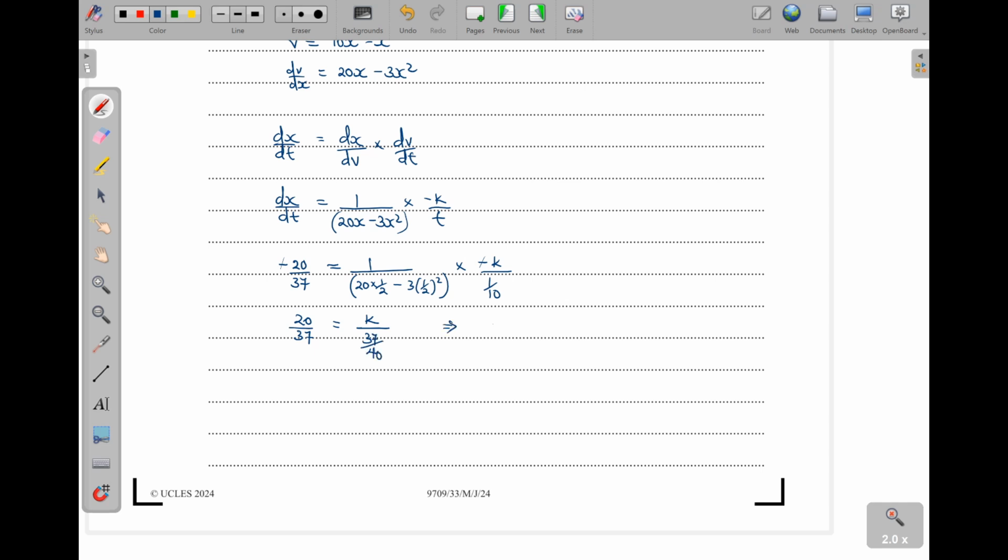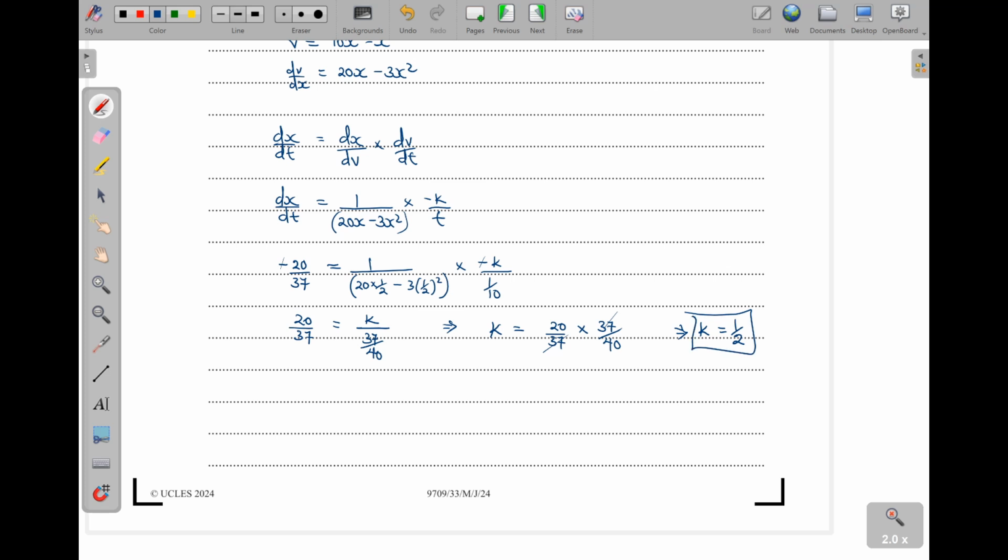So meaning k is going to be equal to, when you cross multiply, 20 over 37, then times 37 over 40. So of course this one will go, and 20 goes into 40 two times. So our k is going to be equal to a half.